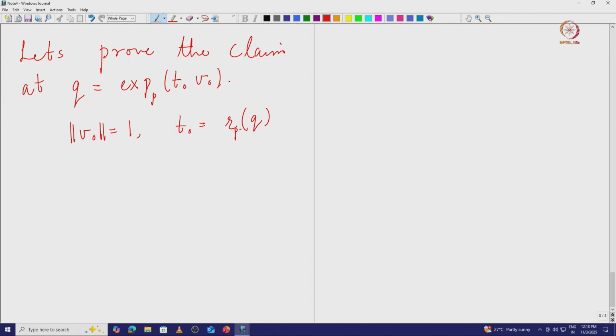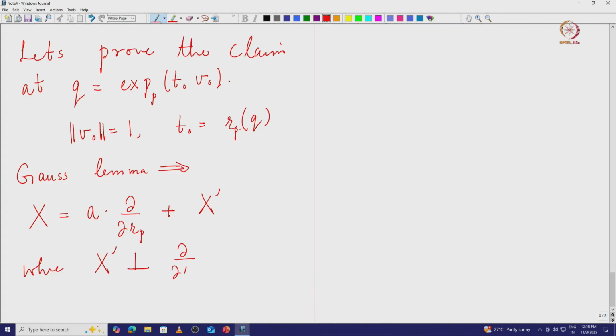Then the Gauss lemma implies you can write X as a times del by del Rp plus X prime, where X prime is perpendicular to del by del Rp and X prime is tangential to these geodesic spheres for all eta less than or equal to epsilon.